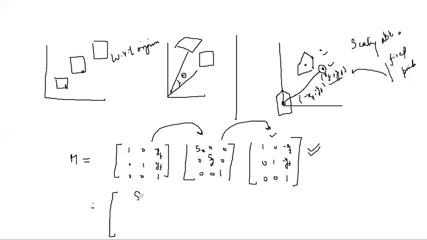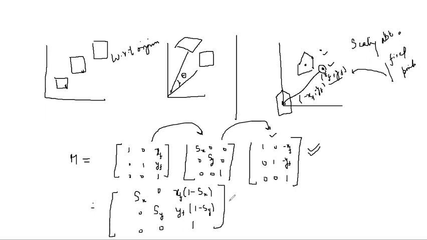So you will get sx, sy, 1 with 0 over here, and xf times (1 minus sx) and yf times (1 minus sy), with 0, 0, and 0.